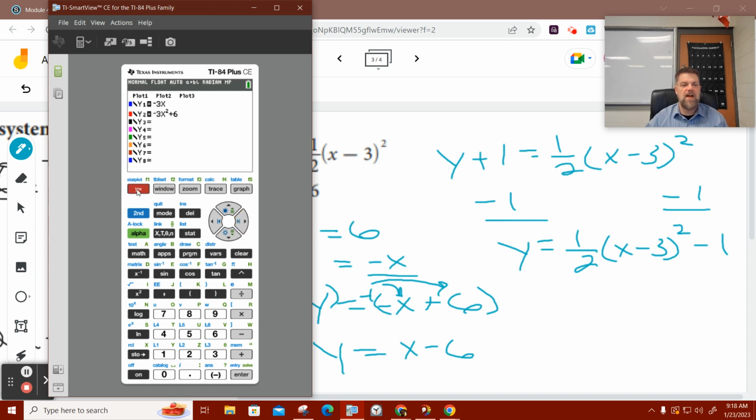So if I go into y equals, clear this out, and I put x minus 6, and then I come down here and I put math for fraction, go over to the fraction thing, and I hit 1 and 2. I should have cleared that out first. Let me clear all this out.